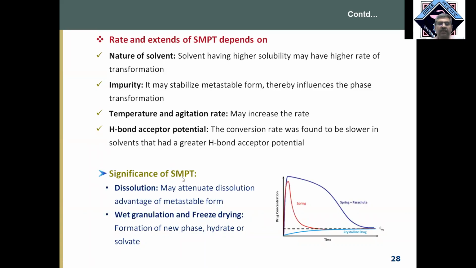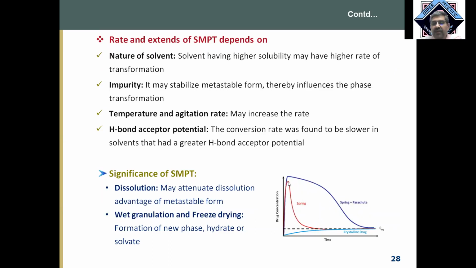The significance of SMPT lies in the fact that they may attenuate the dissolution advantage of a metastable form, and during wet granulation and freeze drying there may be a formation of a new phase, a hydrate or a solvate. So this is shown here. In the spring effect there is a very rapid solution mediated phase transformation.